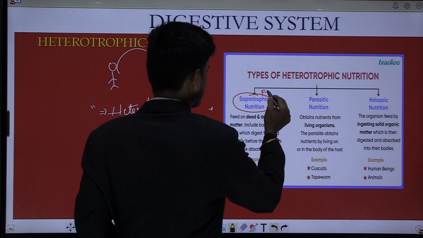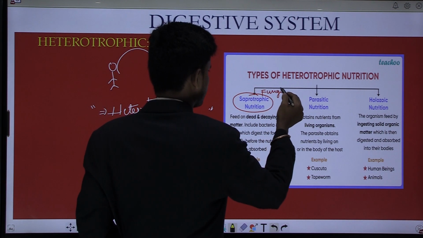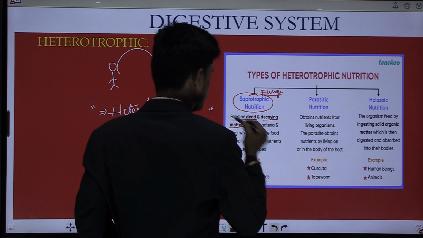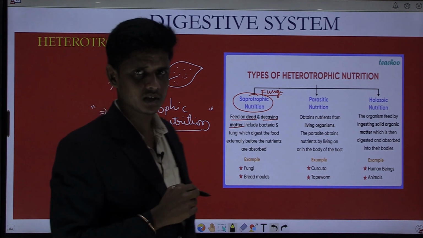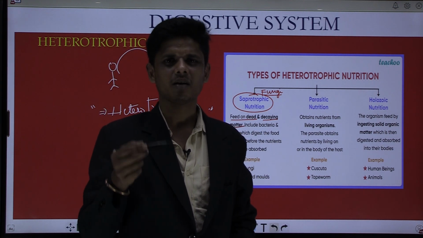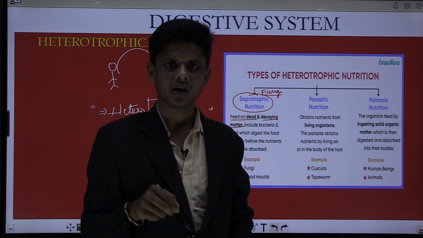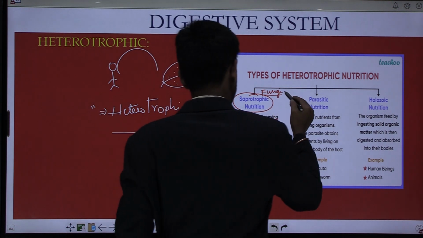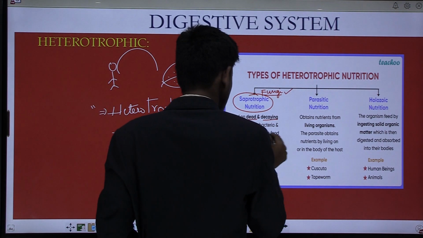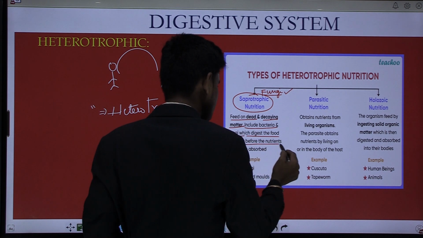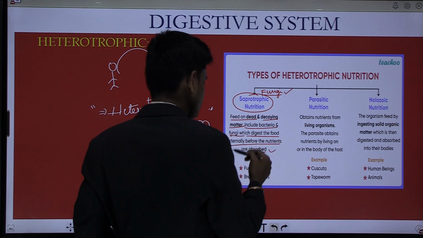If you take fungi, these feed on dead and decaying matter, whatever organisms and plant products that die in the areas, and they are fed upon by fungi. This includes bacteria and fungi, which digest the food externally before the nutrients are absorbed.